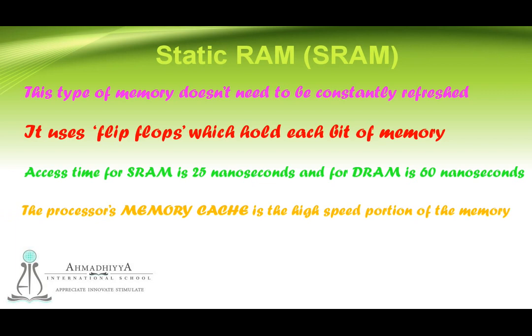What is meant by cache memory? It's nothing but the high speed portion of the memory. It is effective when programs usually access the same data and same instruction many times. In those cases, this type of cache memory is more effective.